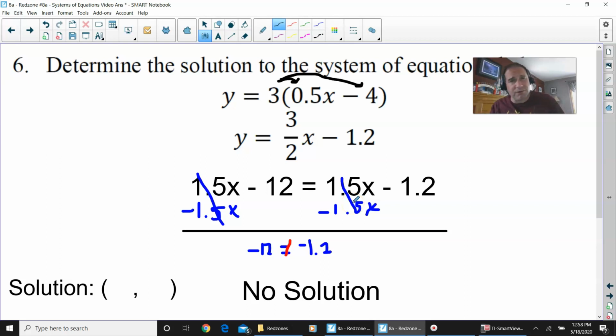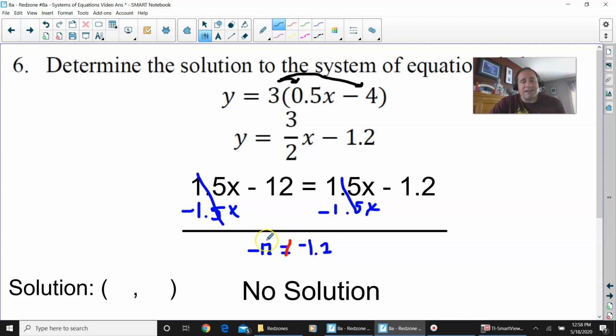Basically what I'm looking for is a smaller x in this number, and guess what? I don't have it. I have 1.5x minus 12 equals 1.5x minus 1.2, which could never be, right? So I just go ahead and subtract the x's, and they both cancel, and I bring down this -12 and this -1.2. -12 does not equal -1.2.